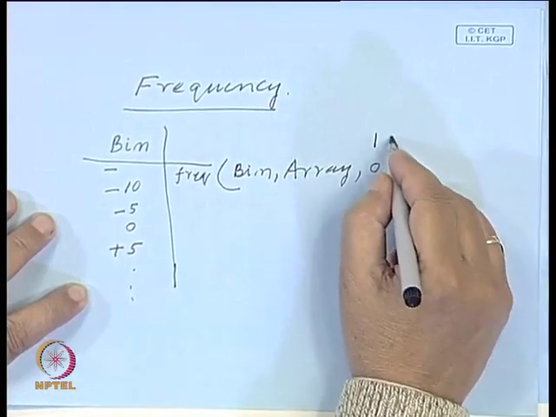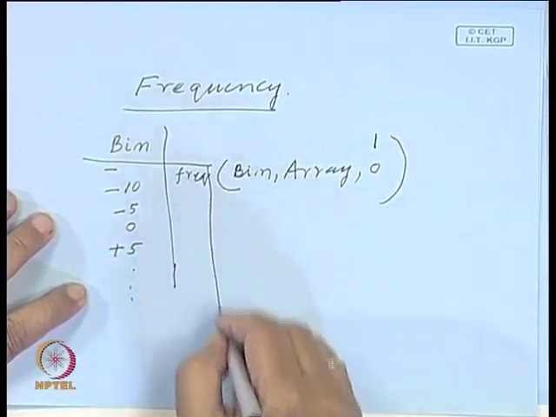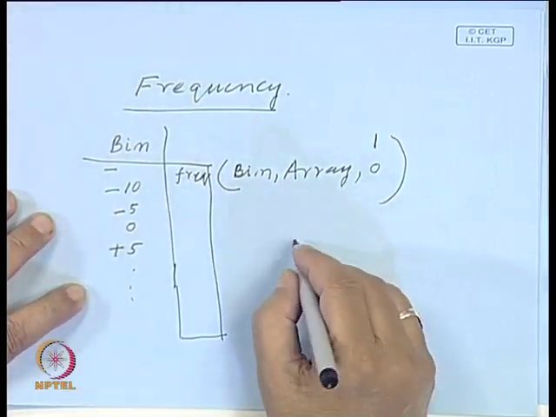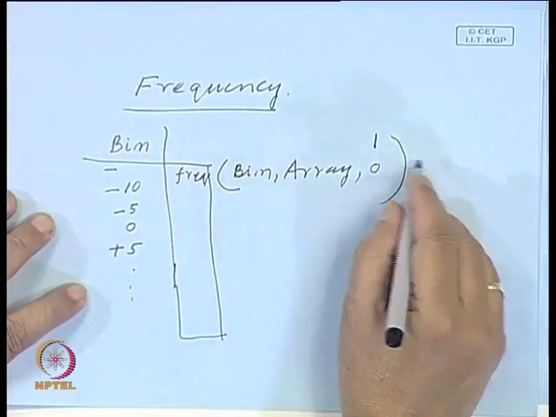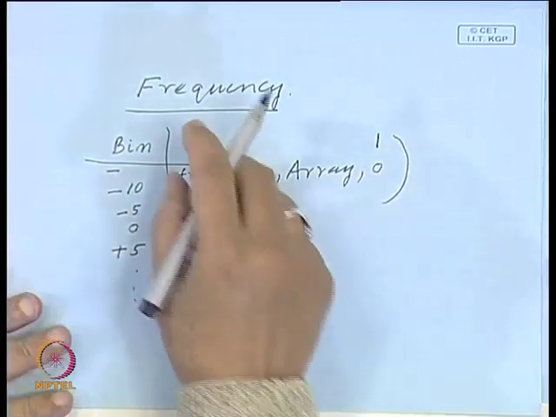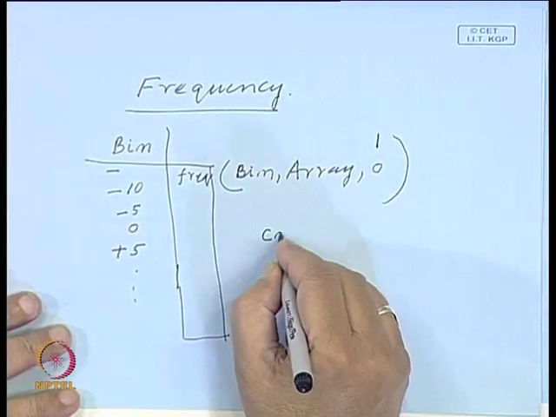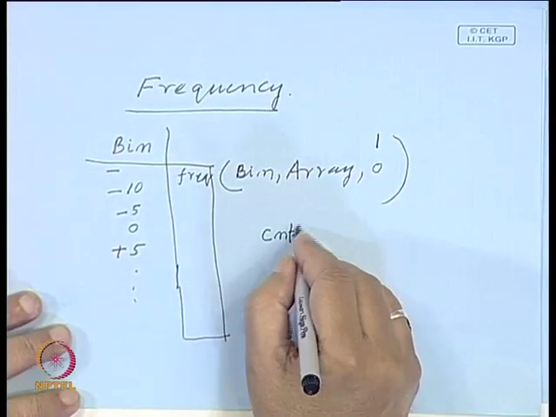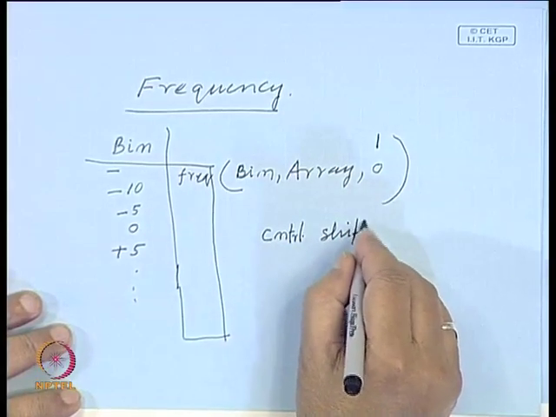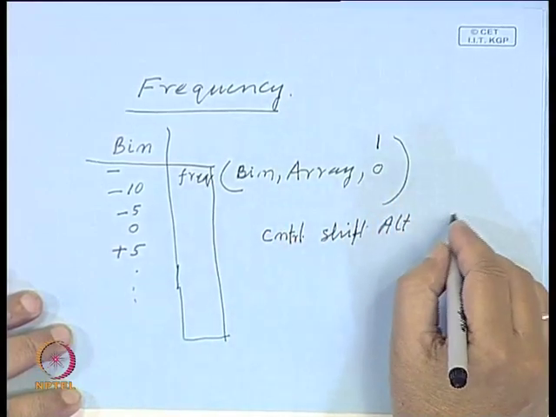I do not remember exactly which one, but when you enter this, you have to mark that whole area, paste this function, and when you enter, do not press just the enter key, then the entire array will not be entered. You press control, shift, alt, you press 3 and then enter.